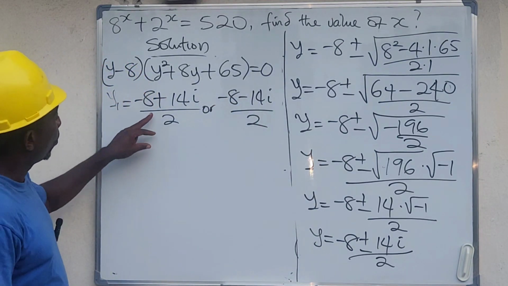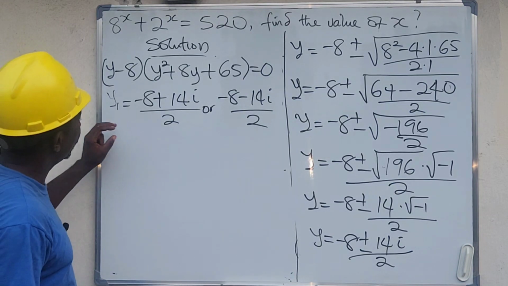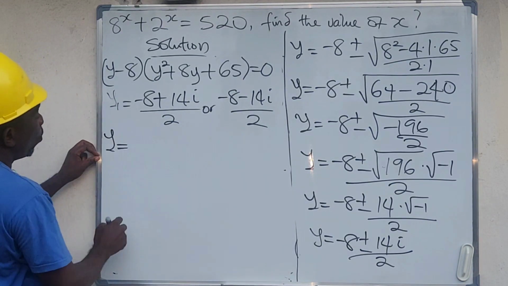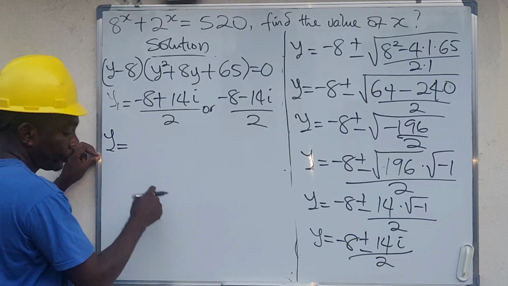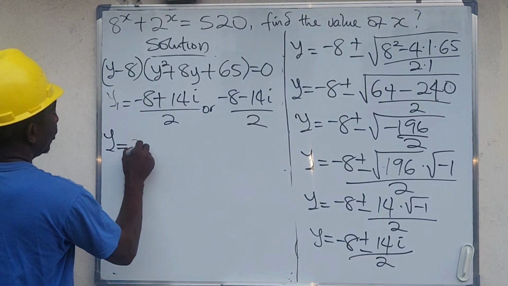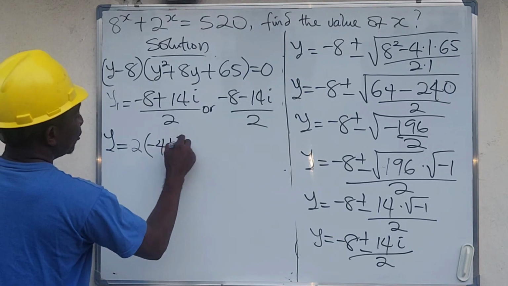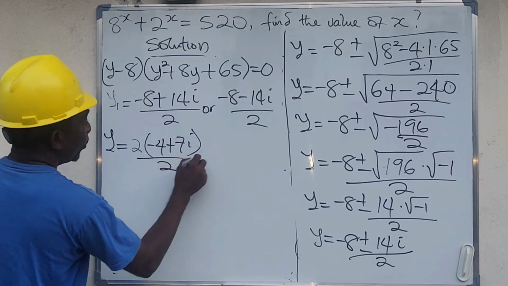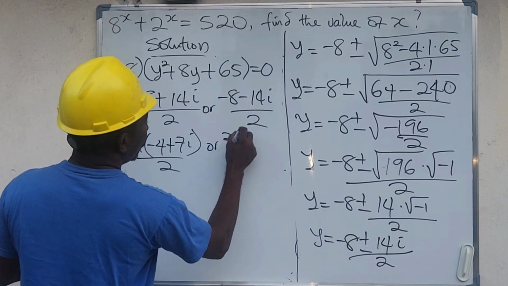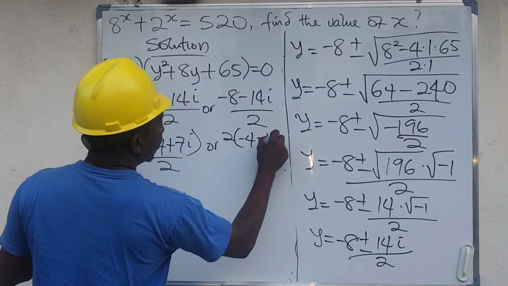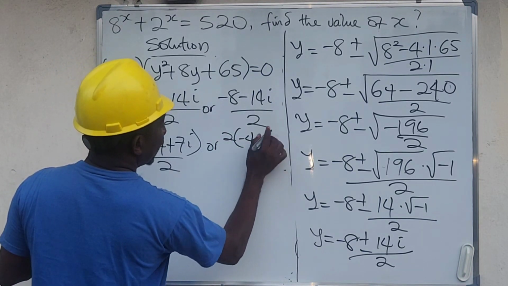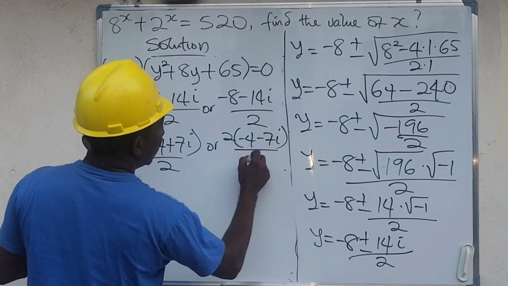So now we have this. What we are going to do is factor this out. So we have 2 into minus 4 plus 7i all over 2, or we have 2 into minus 4 minus 7i all over 2.